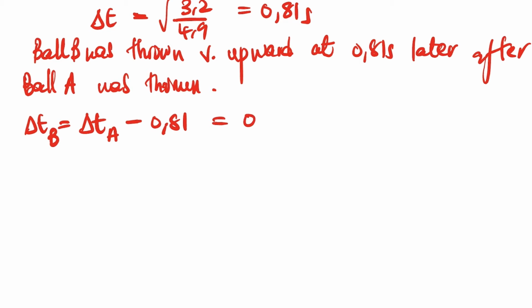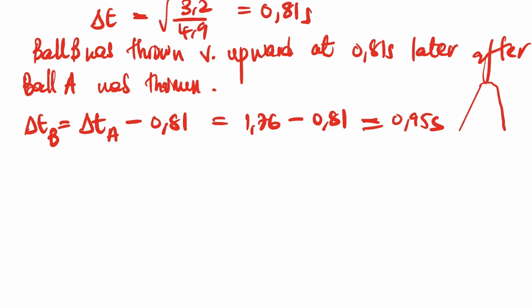It was 1.76, and then we subtract 0.81. So guys, every time they say it was thrown later, you must know that when it comes to times, we subtract the times. So that means ball B, when it was thrown from the ground to go back to the ground, has taken this time, right?